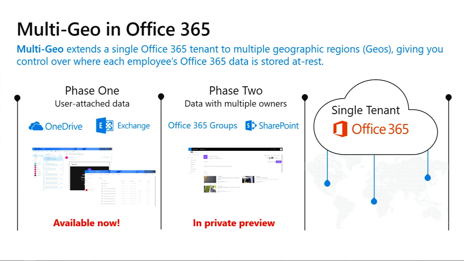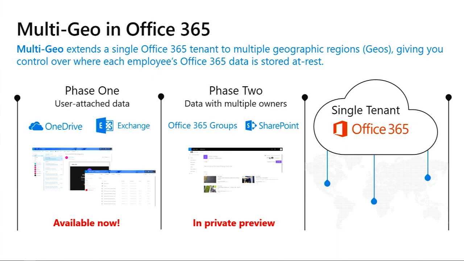For example, in a company with 3 subsidiaries in Europe, Australia, and the USA, you can decide which users should be in the USA, and all their data is going to be stored in the USA. For those people in Australia, the data is going to be stored in Australia. This is enabled without needing to make many changes to your system. Brian will take you through how this can be enabled. But a single tenant in Office 365 enables this capability.